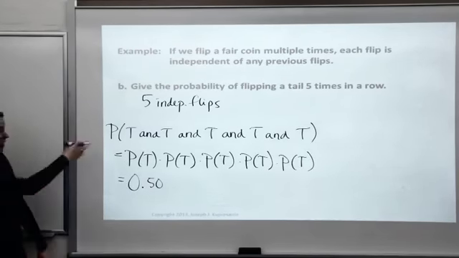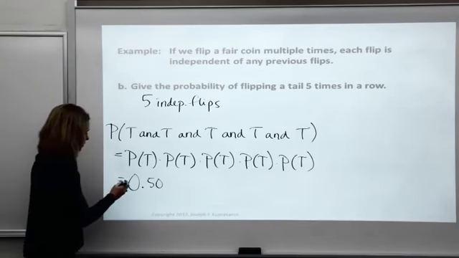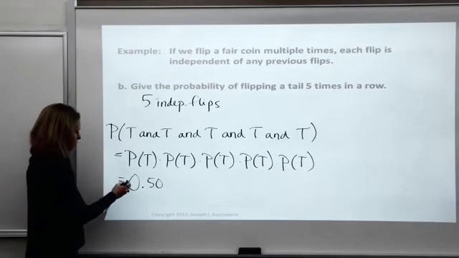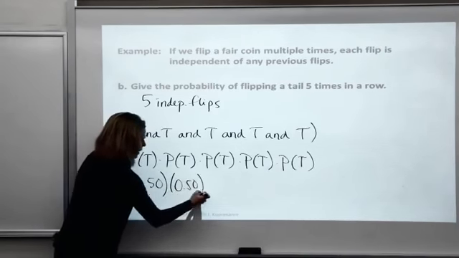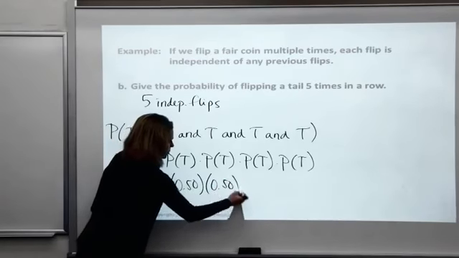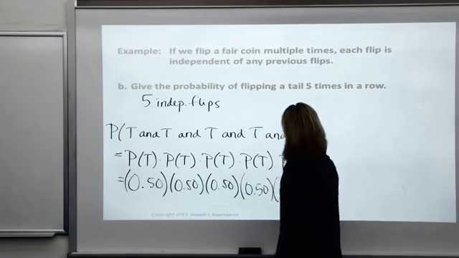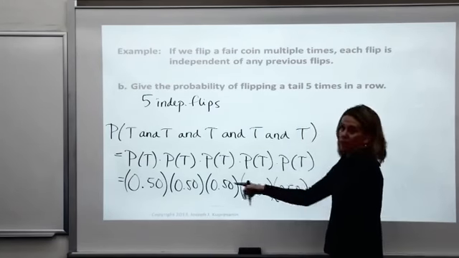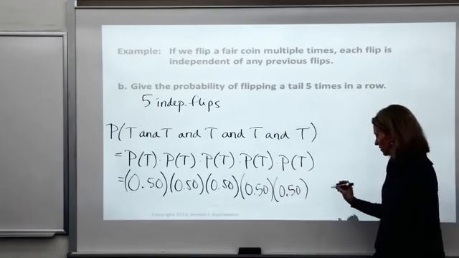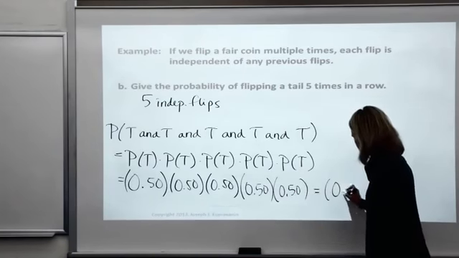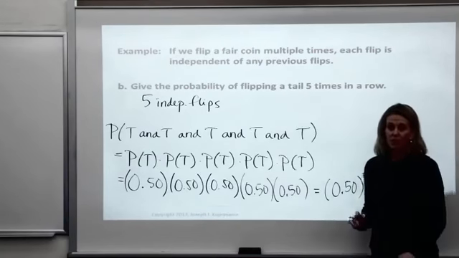Now, I'm getting tired of writing all these tails here 5 times. Hopefully you know that instead of writing 0.5 multiplied out 5 times, there's a shorter way to write that. Five times isn't so bad, but if we did this 25 times, you certainly don't want to write that out 25 times. The shorter way to write that is 0.5 to the 5th.